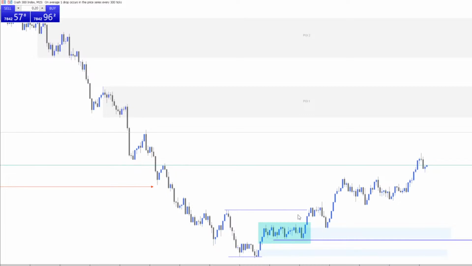Now there are certain things I look for to be very sure that a POI is going to hold, right? And something here that makes me trust this POI is the fact that there's inducement right here. You see, immediately it broke structure.